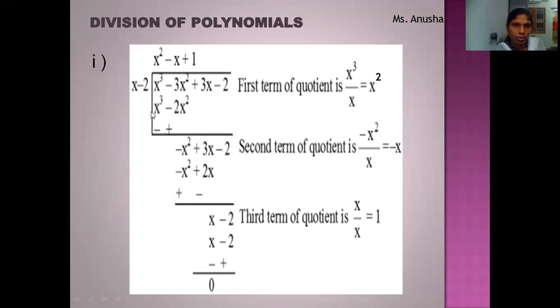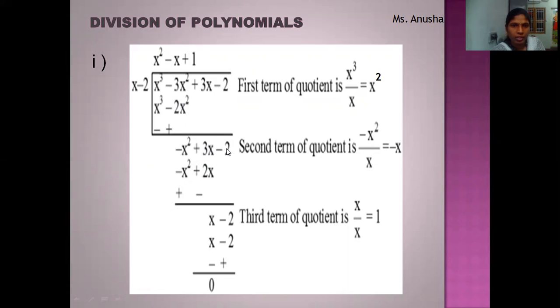So x cube and minus x cube cancel off, and minus 3x square minus minus 2x square, just subtract: minus 3x square plus 2x square is minus x square. Then take the next two terms down, 3x minus 2.